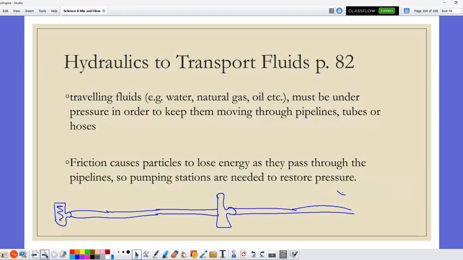We also use hydraulics to transport fluids, so natural gas, oil, and water move through pipelines. The pipelines have to have as few bends in them as possible, but there is friction inside the pipeline, so we have pumping stations to restore the pressure all the way along. Sometimes, as we learned earlier, you can add different fluids to mix with crude oil so it'll flow better, and then you take those fluids back out when they get to the refinery.